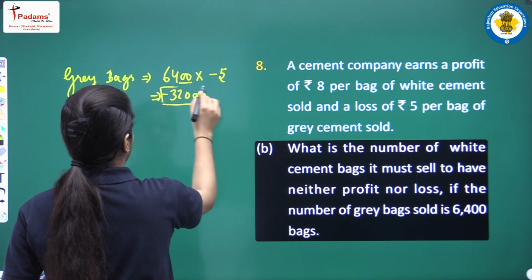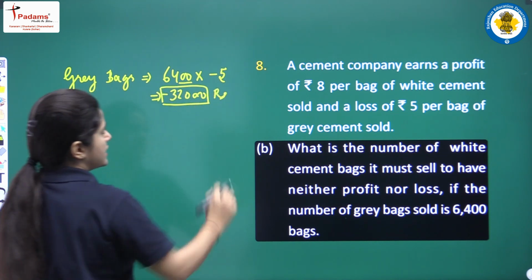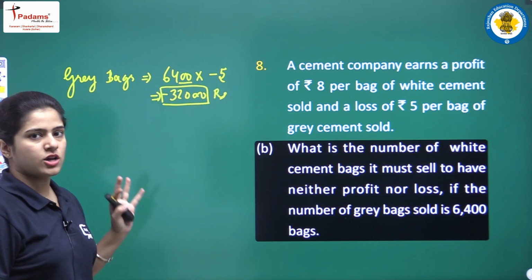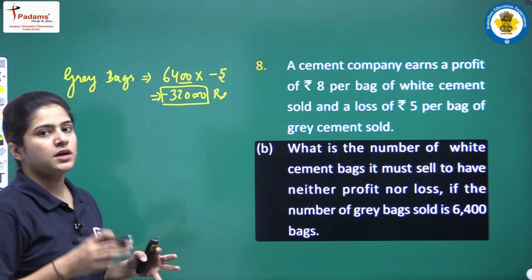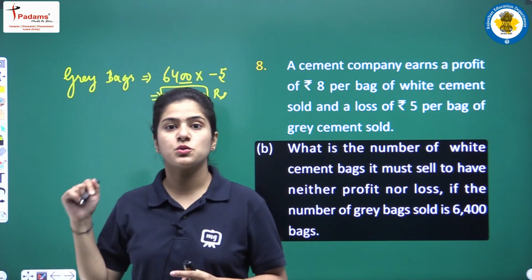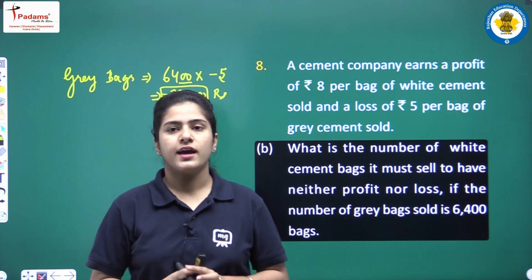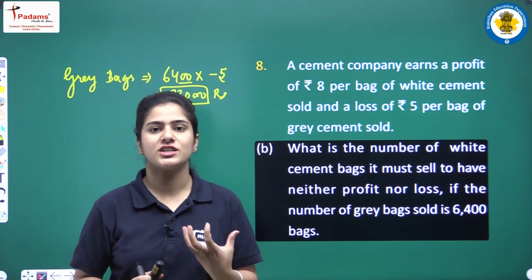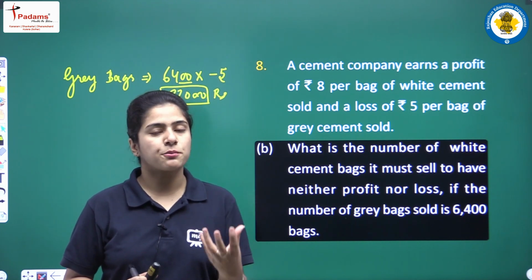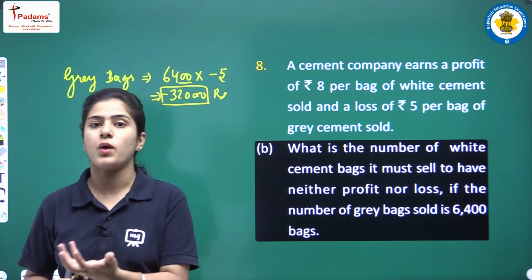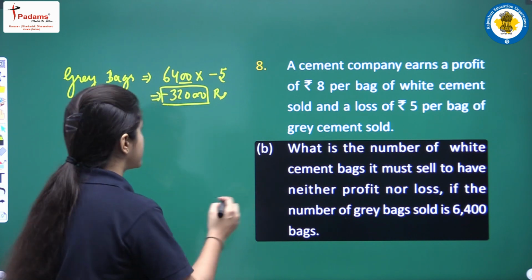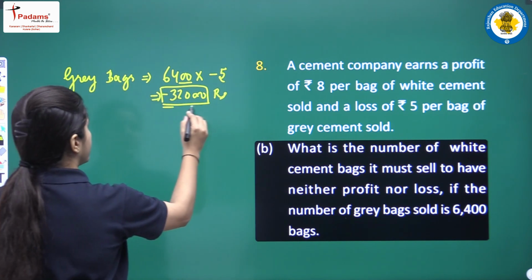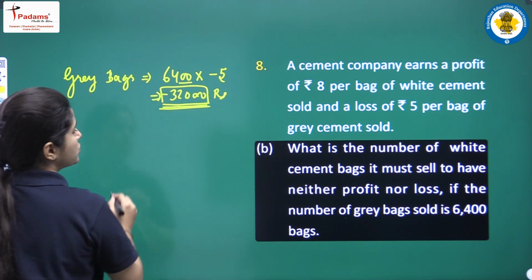So a total loss of 32,000 rupees. So this is the loss, right? So we have to make a profit that is equal to 32,000 rupees. Okay, the loss is 32,000 rupees, so we have to earn a profit of 32,000 rupees, and the profit is earned by selling the white cement bags.